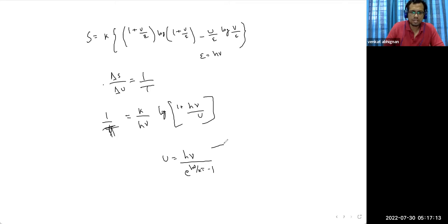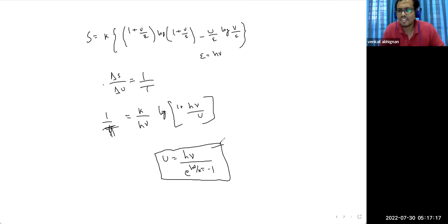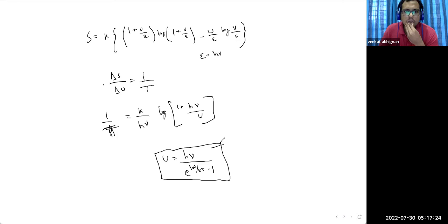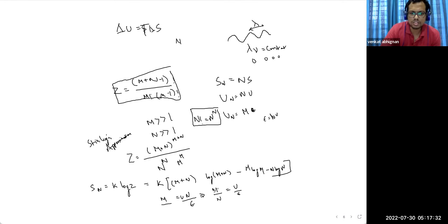Yeah. So question, Venkat? Yes, definitely. How did you get 1 plus U over epsilon? What was the argument there? There was a connection between the number M and this, correct? Yes. And so M by n is essentially U by epsilon.